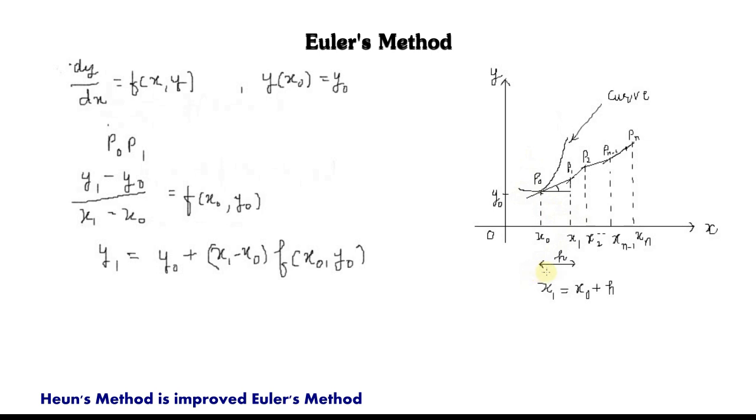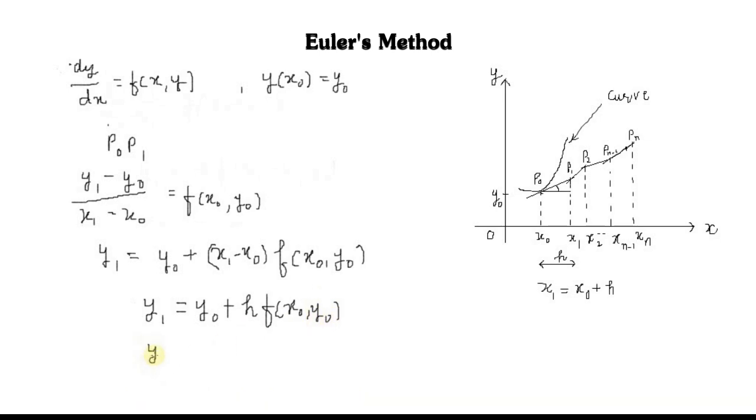We have taken x1 minus x0 as h, that is, the increment in x, and we have taken these points equally spaced: x1 is x0 plus h, then x2 is x0 plus 2h. In this way xn is equal to x0 plus nh. Observing this, we get y1 equal to y0 plus h times the value of the function f(x0, y0).